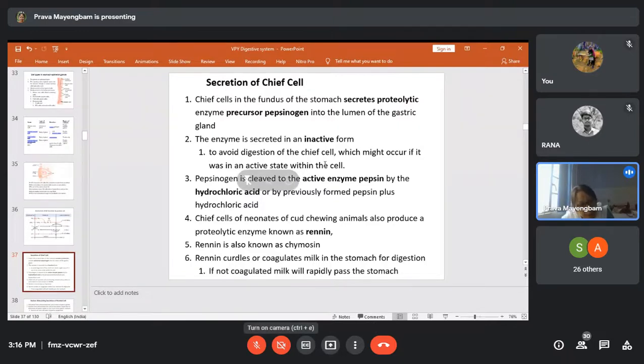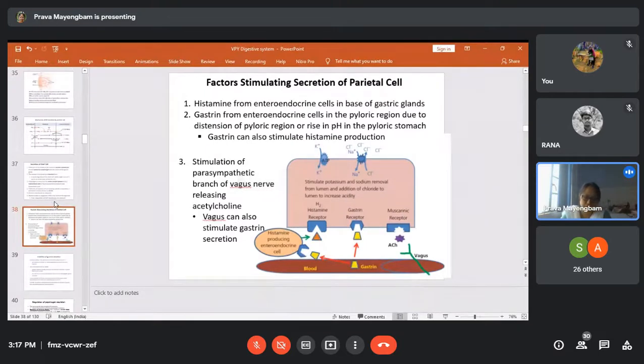So now this pepsin will be ready to act onto the proteins present in the diet inside the stomach. So we have discussed the secretions of these cells.